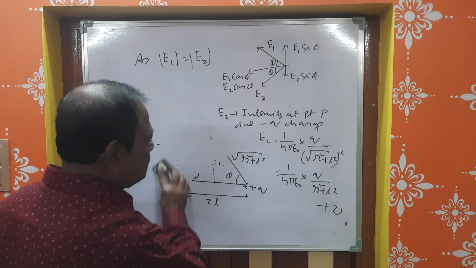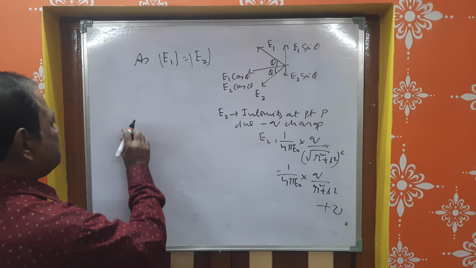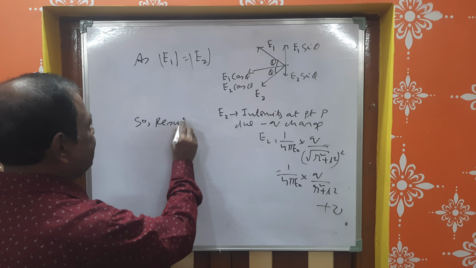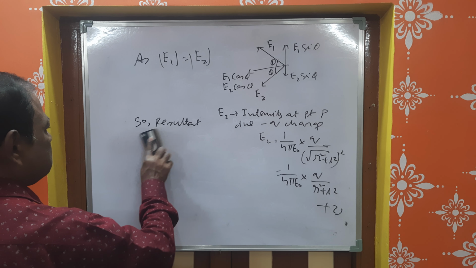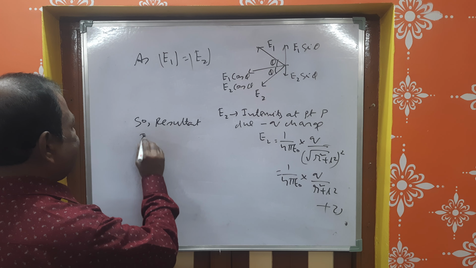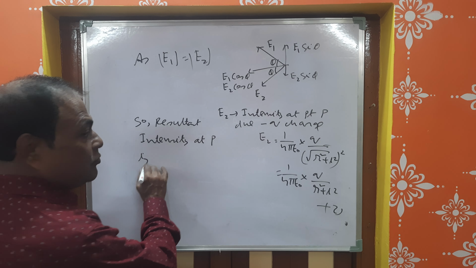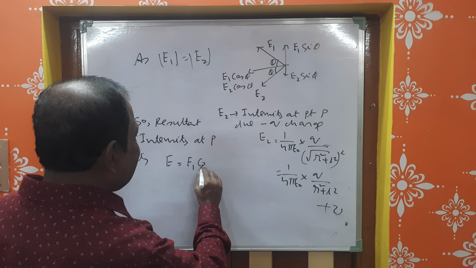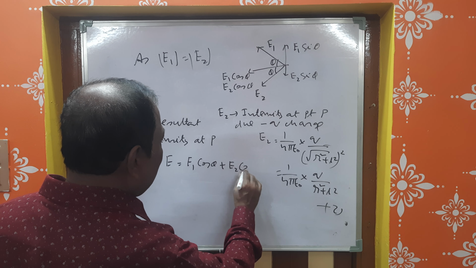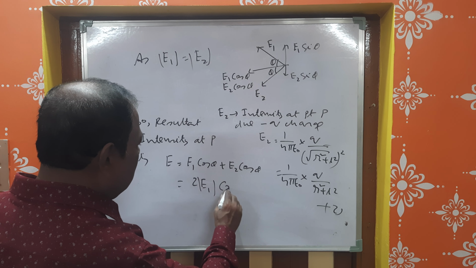So the resultant intensity at P is E equal to E1 cos theta plus E2 cos theta, that is 2 E1 in magnitude into cos theta.